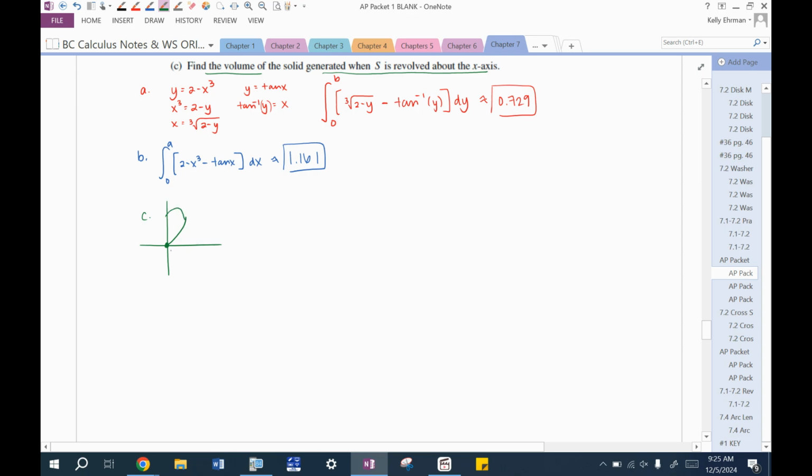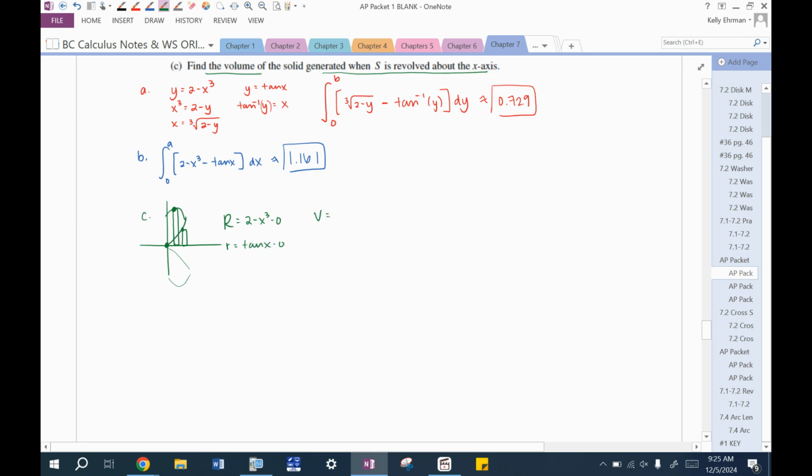And then we're going around the x-axis, so we would have something like this. But the important part is that you have an outer radius and an inner. So this is washer method. Capital R is the cubic that's on top, 2 minus x cubed minus 0 technically. And lowercase r is the tangent x minus 0.